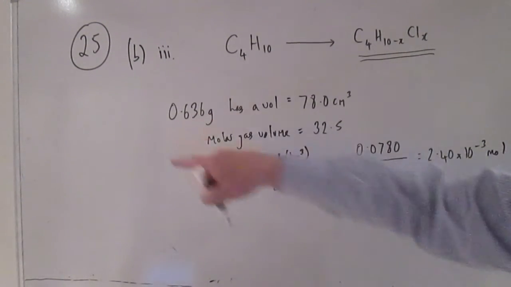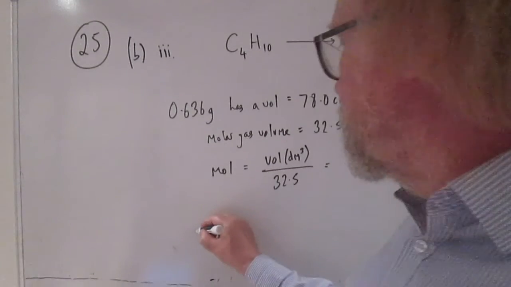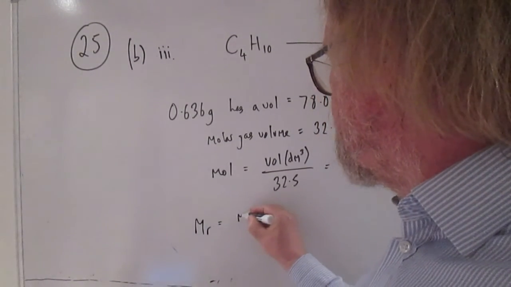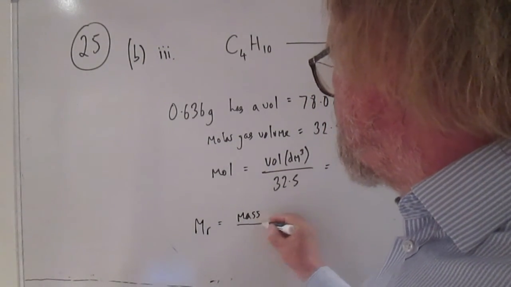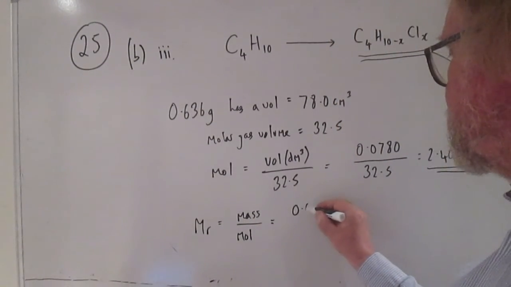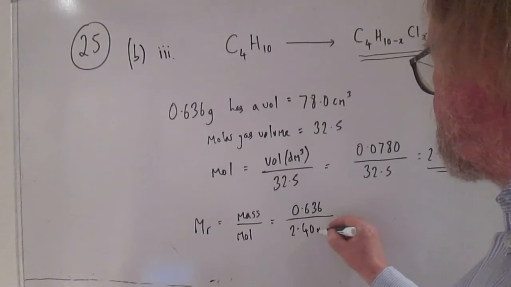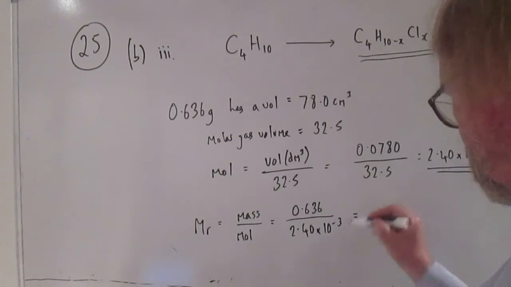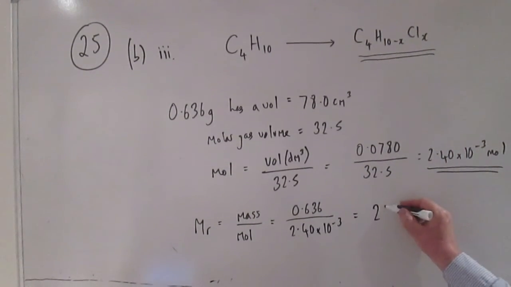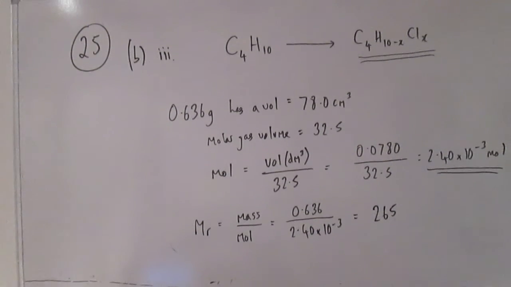Okay, so 0.636 grams is equal to that number of moles, and that lets us work out the MR, because the MR is mass over moles, which is 0.636 divided by 2.40 times 10 to the minus 3, which comes to 265. So we've got that the MR is equal to 265. So now we can just work out what X is.